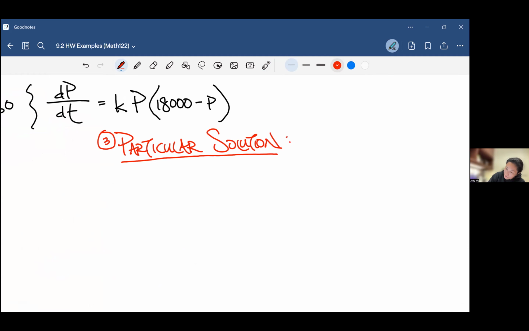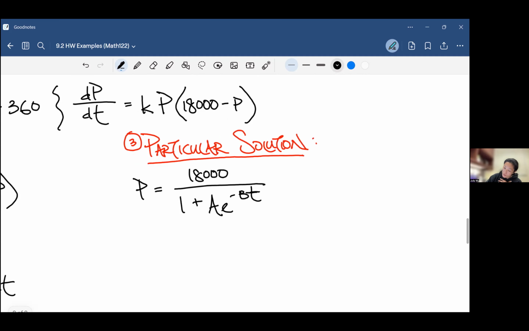Okay. So let me copy my general solution up here. P equals 18,000 over 1 plus A e to the negative bt. Okay. So now what we want to find is A and we want to find B. Once we find A and B, that will give us our particular solution. Okay.